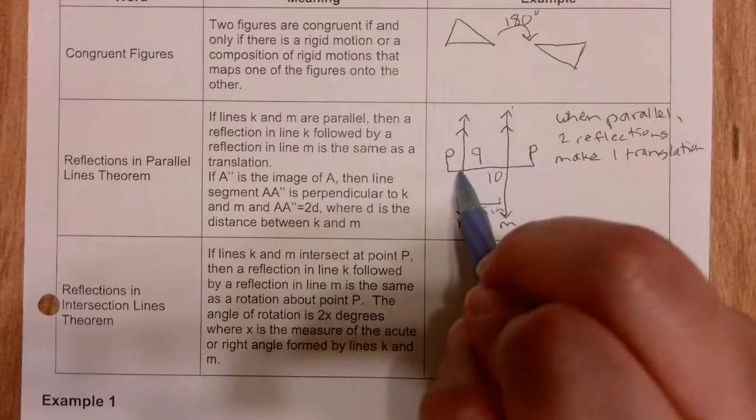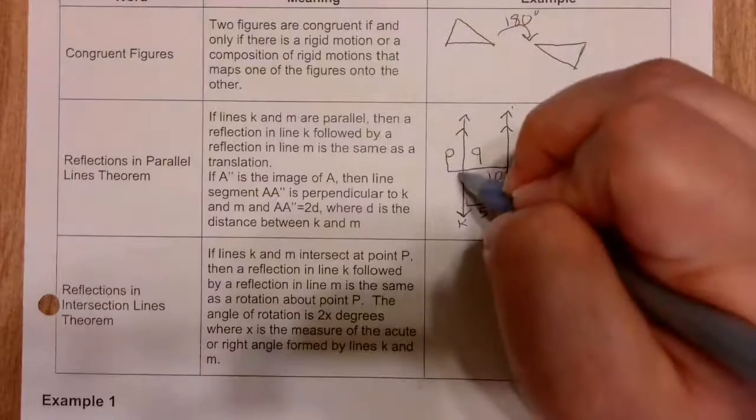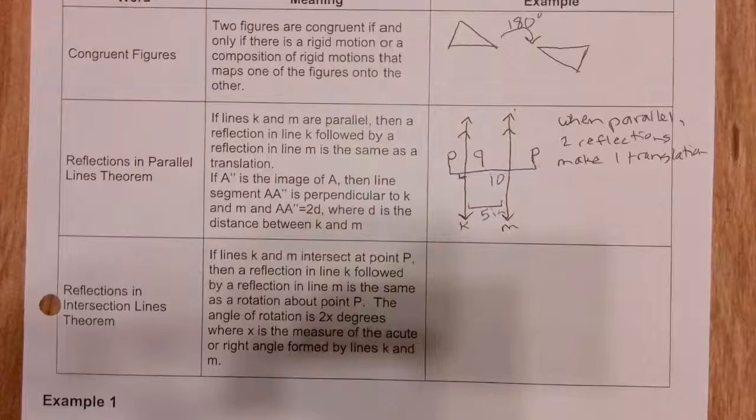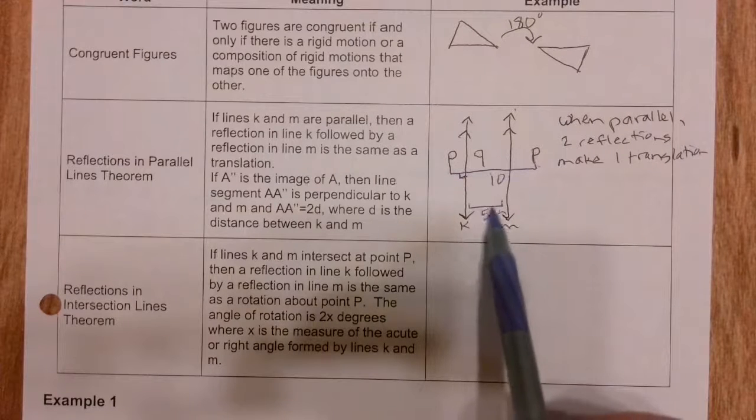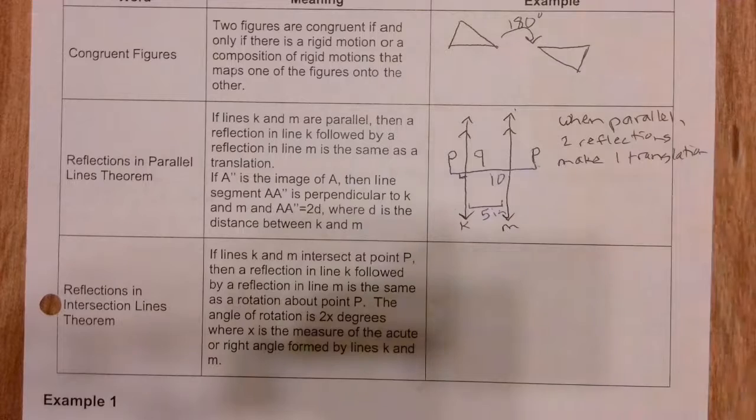You'll also notice that this line I just drew connecting the P's is perpendicular to the parallel lines. Just some knowledge about it. The most important part is that when they're parallel, the two reflections make one translation, and that the distance between the lines, you double it to get the distance between your first and last shape.